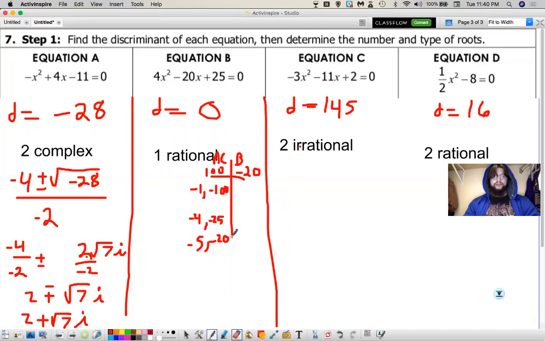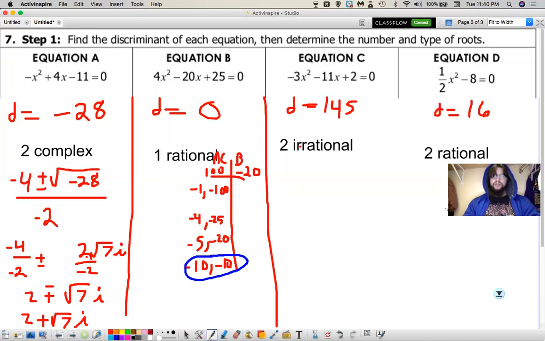We're getting smaller. Oh, wait, I know. -10 and -10. That combines to give us a -20. So however long it takes you to find those, find them, and you're pretty much done.